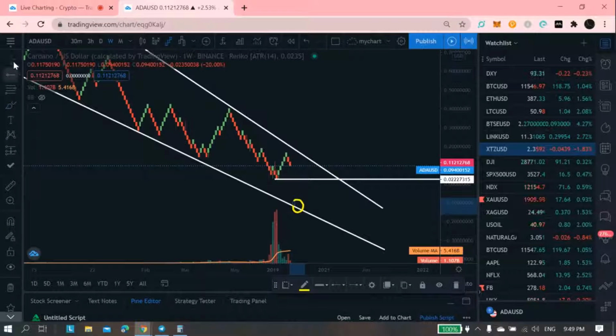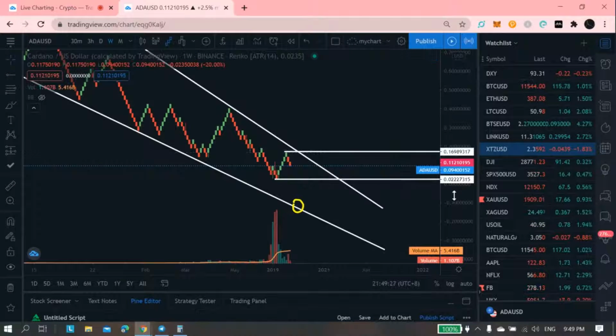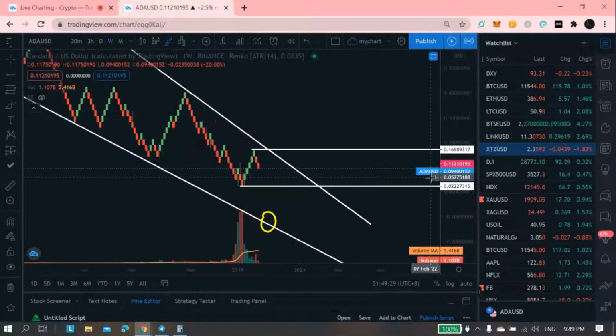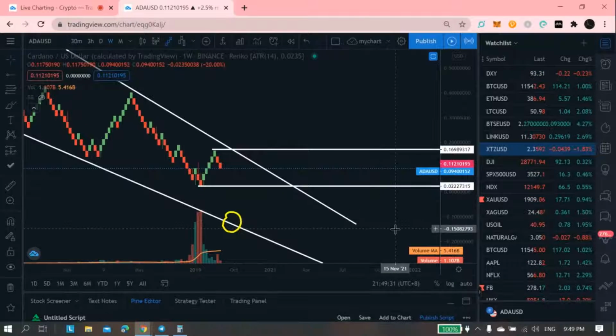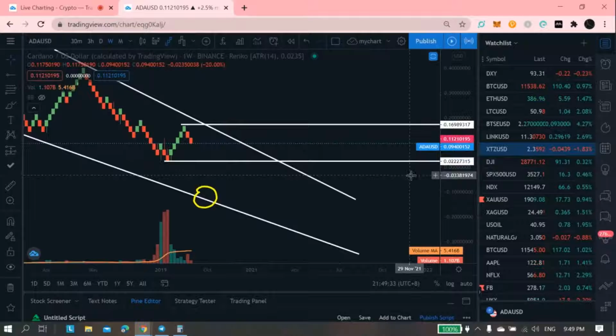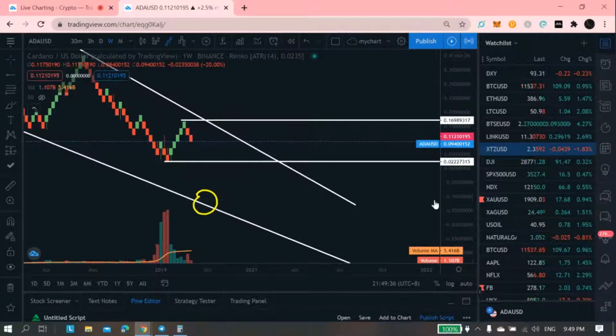So for now, let's wait for a better price, or let's wait for it to create a strong support base. The immediate support I'm looking at is the 0.022, and the resistance around this area, the 0.16 area. So for me, it's a no trade zone for now.